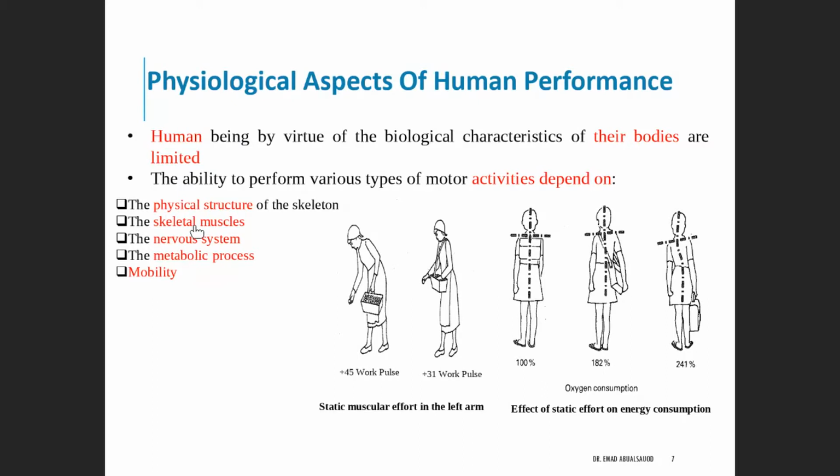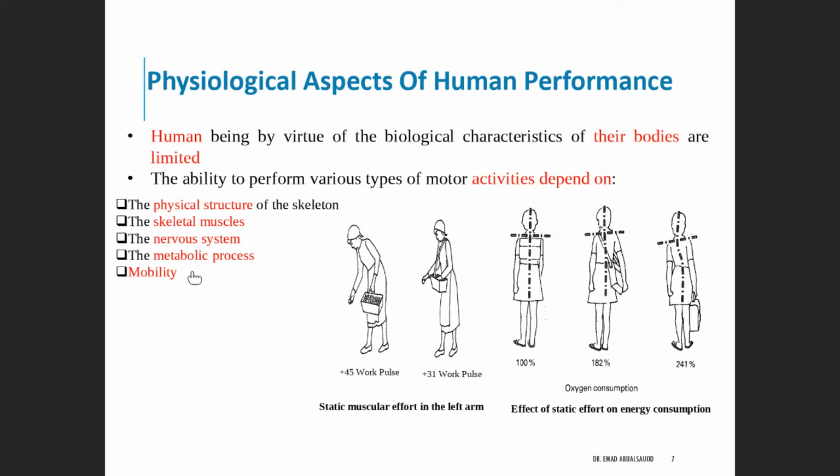So this type of job will need motor activity, but the specification is different than when I'm talking about, let's say, a teacher. Okay. He will need a motor activity somehow, but the level of the motor activity is different.